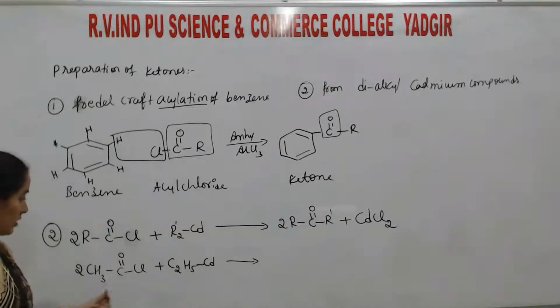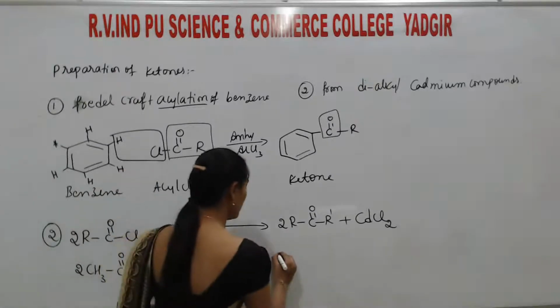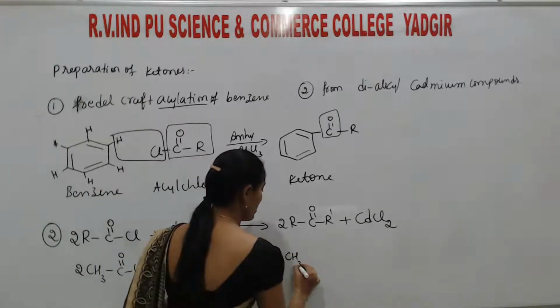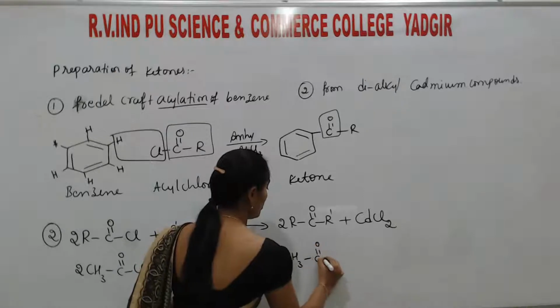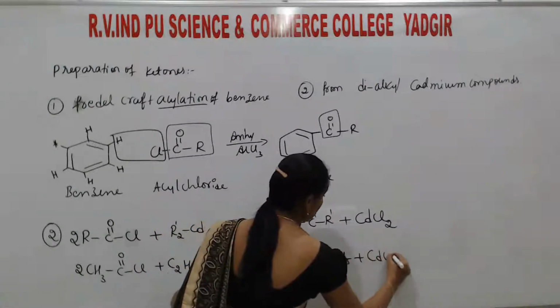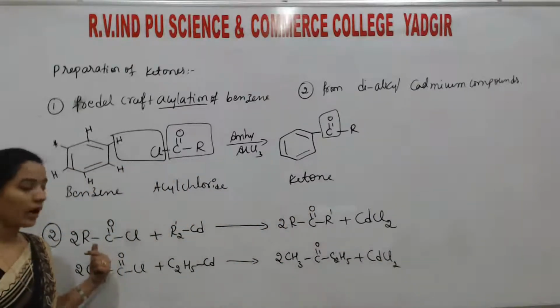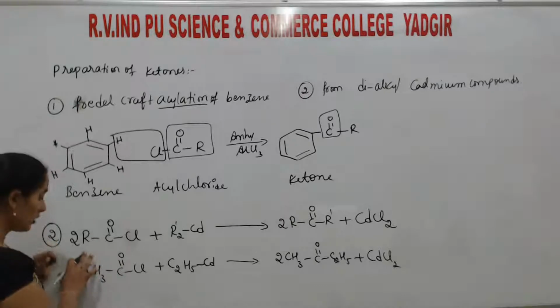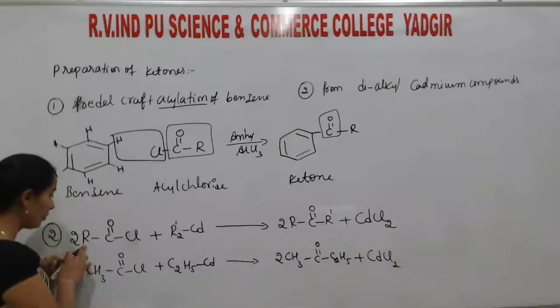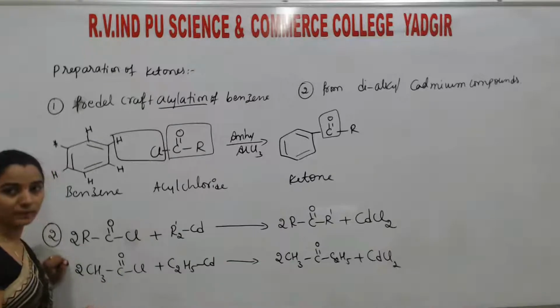Then this is CH3, this is C2H5. Okay, what is the product found here? Here it is CH3, C double bond O, C2H5 plus CdCl2. Both are the same, we are only replacing the R group. In the case of the R group, here you take benzene, here you take CH3.